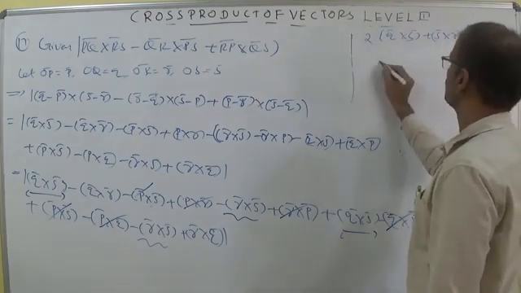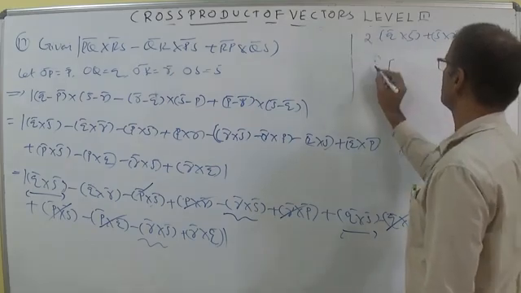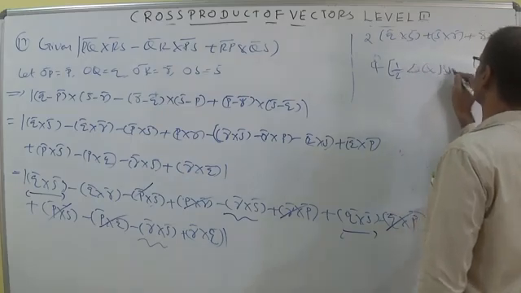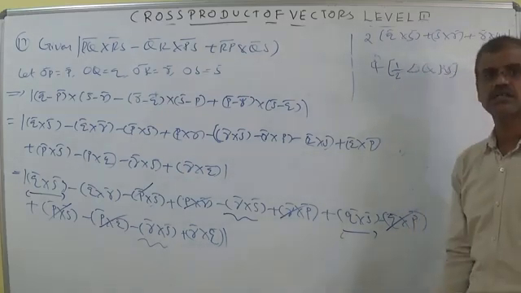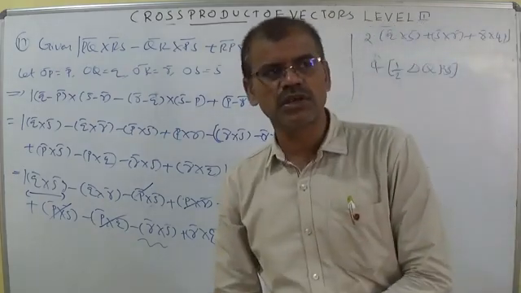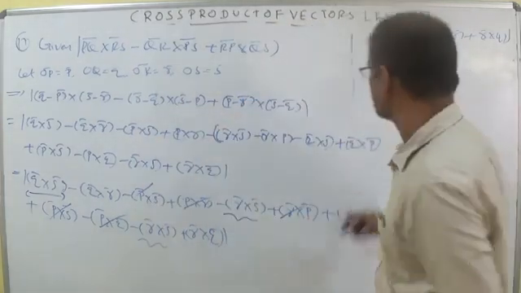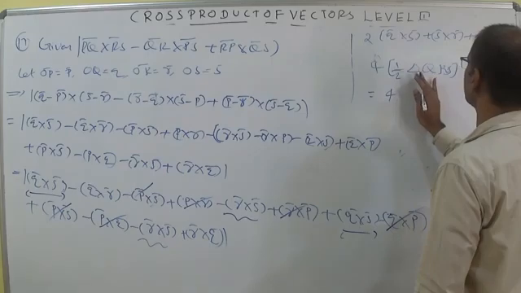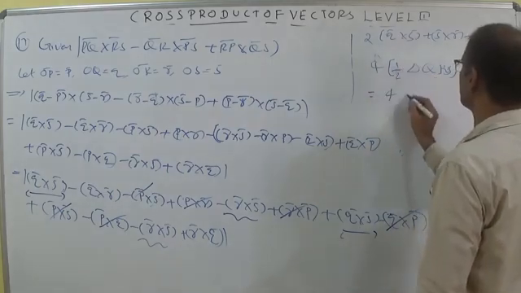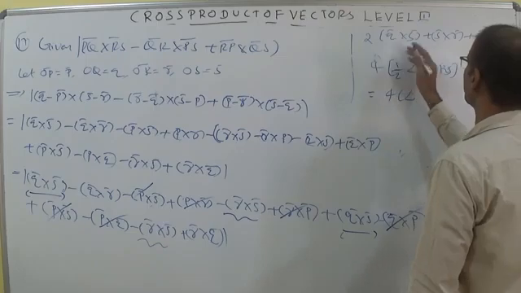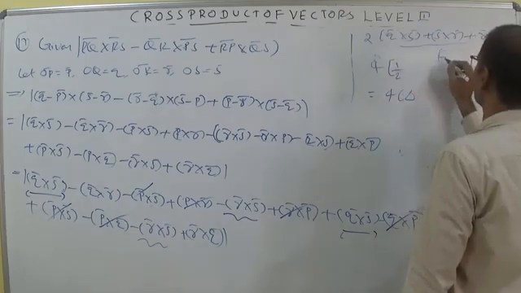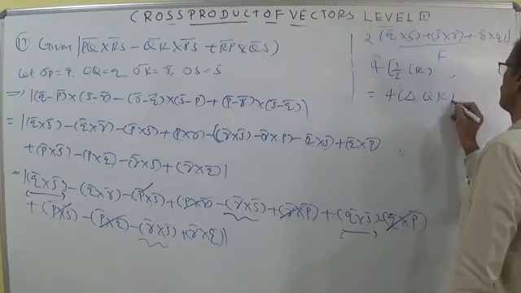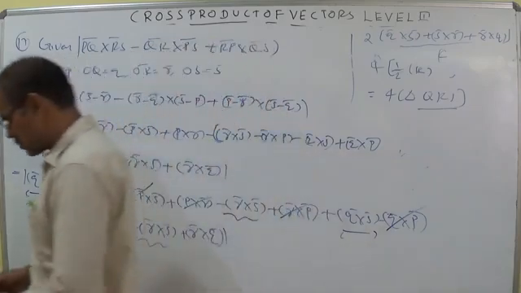Directly you can write 2 into, let us write here 4 into 1 by 2 into delta QRS. The delta QRS formula: previously I said that delta ABC is A cross B plus B cross C plus C cross A in order, with 1 by 2 in front. So 4 into 1 by 2 into K, you can say 4 into delta QRS is there.